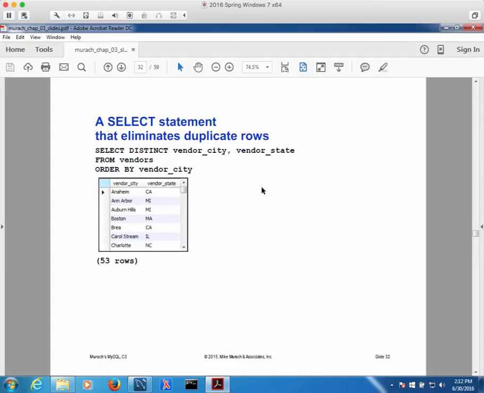On the next one, where we entered distinct, 1 entry for Anaheim, California, 1 entry for Boston, Mass. So this is a pretty common use case. It's only going to make sense when you are asking for less than all of the columns, because again, if you ask for all of the columns with an asterisk, they're always distinct from each other, because there's always one field that's different, the primary key.